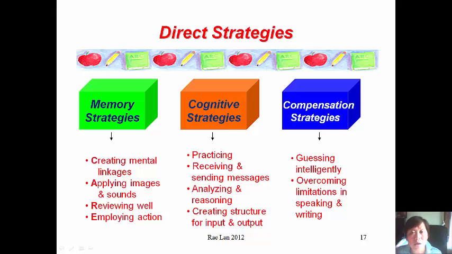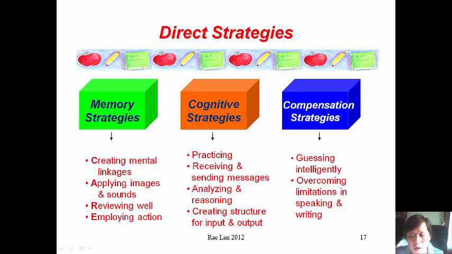When we encounter a new word that we don't know the meaning of, what do we do? We try to guess the meaning, but we don't just guess the meaning blindly, right? We would guess the meaning based on the context, the sentence that comes before the word and the sentence that comes after the word. So this is what we mean by guessing intelligently.